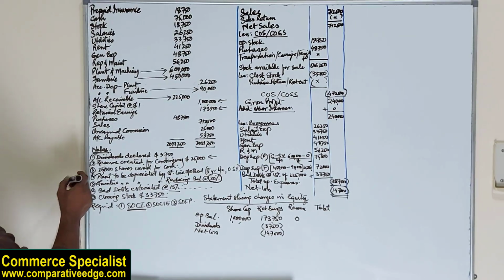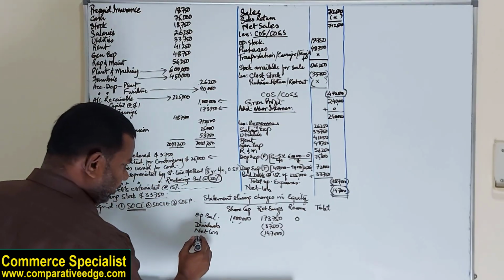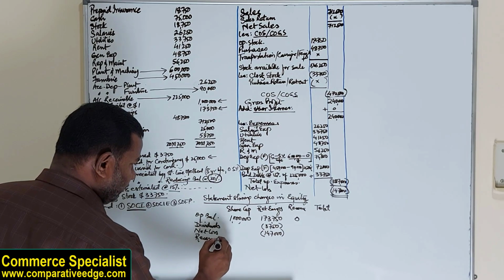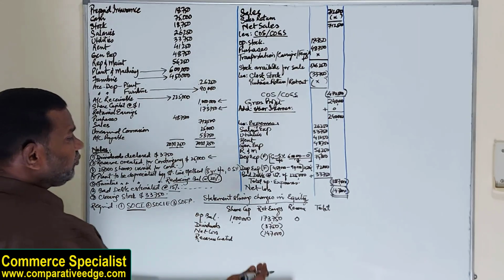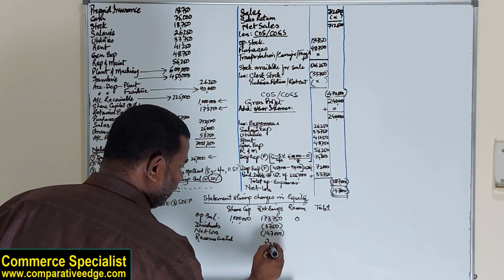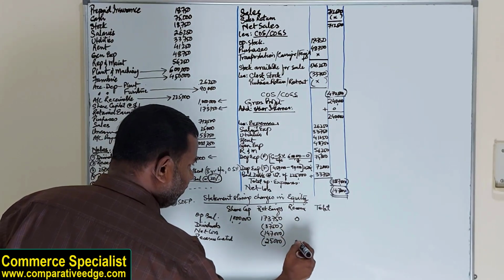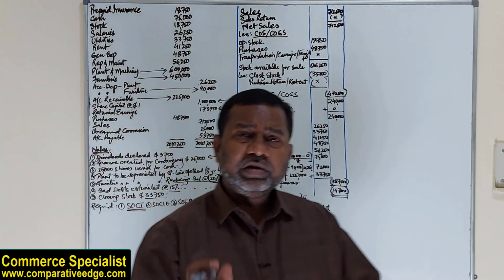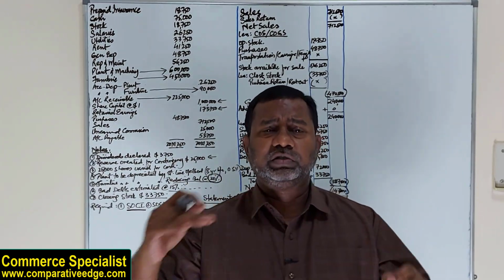Next, reserve was created for contingencies, 25,000. So I'm talking about creation of reserves. Whenever a reserve is created, money goes out from retained earning. So a reserve of 25,000 will affect retained earning negatively. It will be subtracted from retained earning and come into the reserves account. The double entry is retained earning debit, reserve for contingencies credit.